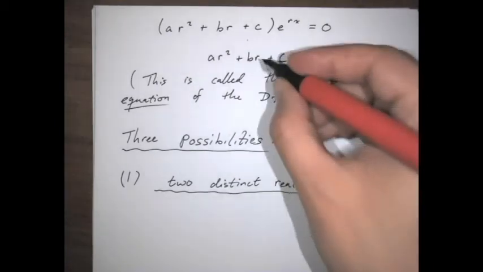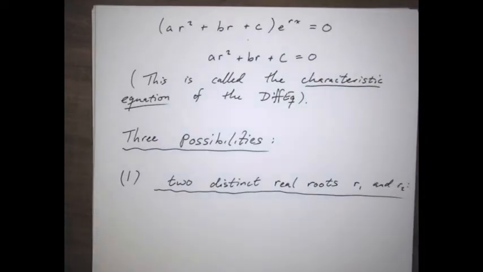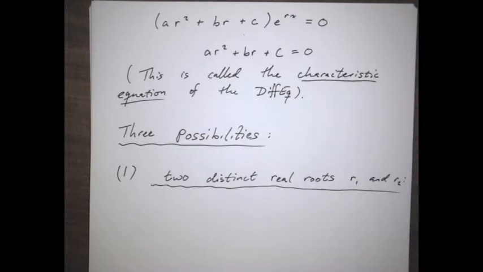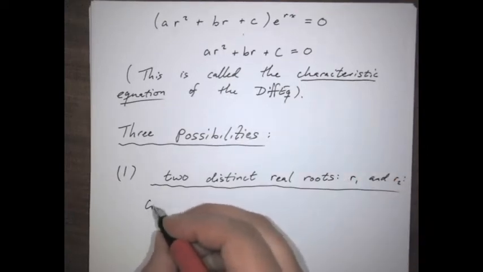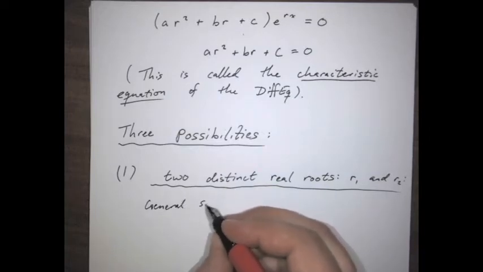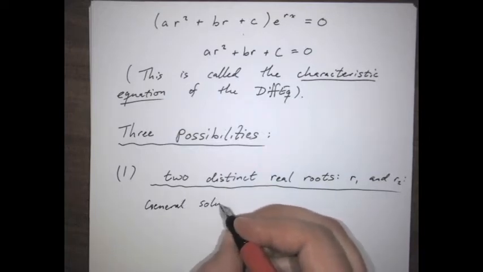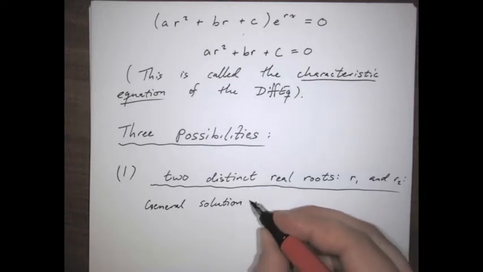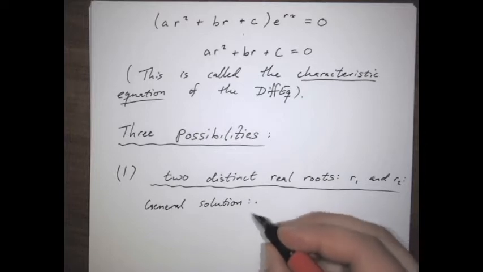So we can solve this equation right here and get two distinct real roots. And then the general solution will come from taking the following.